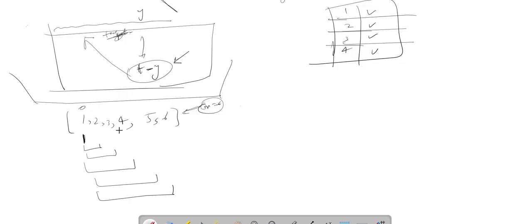for all the subarrays starting at the first index, we would have n subarrays. Then here, how many subarrays would we have? We'll have n minus 1, and then n minus 2.